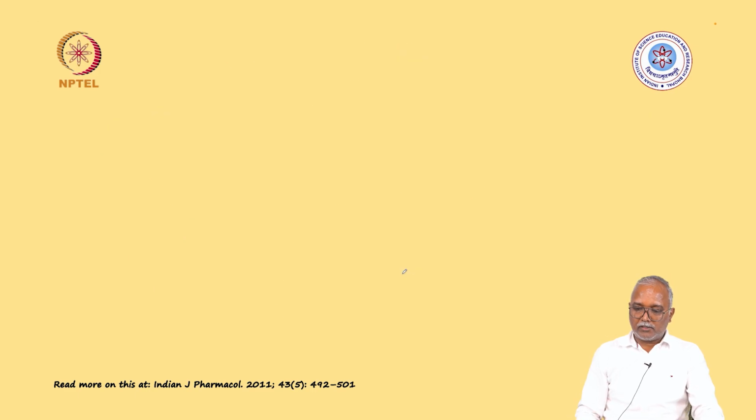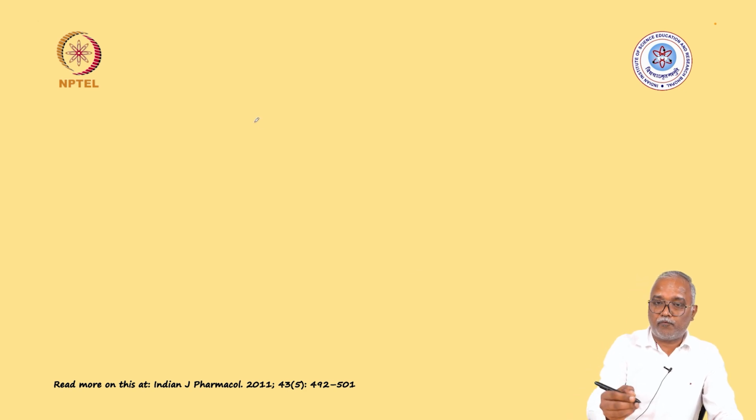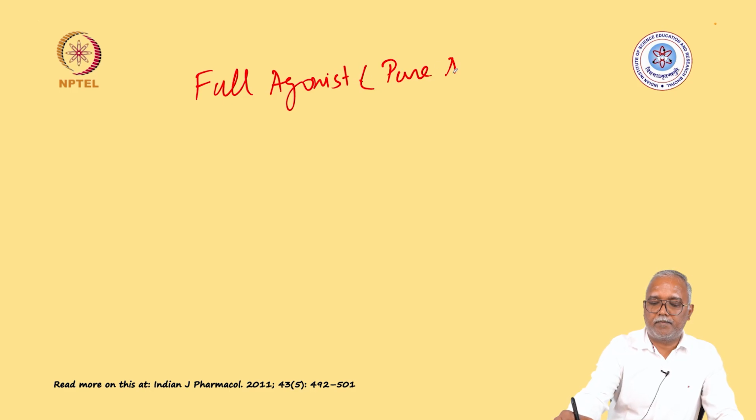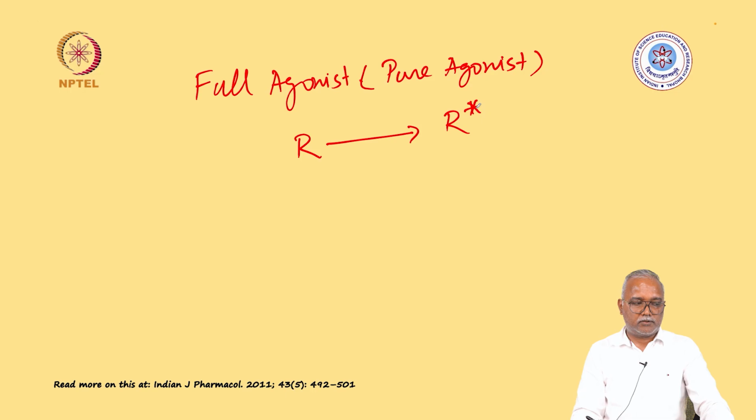Now the other thing which will happen here is that there is something called full agonist, which I told you. Sometimes this is also called pure agonist. As I said, this will be taking the receptor into active state.